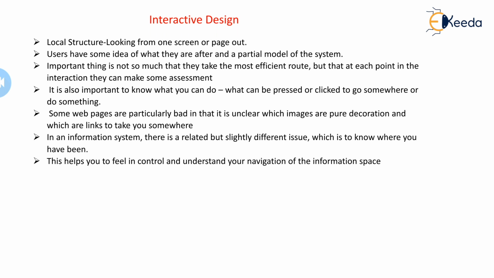These things in an information system are related but a slightly different issue, which is knowing where you have been. Sometimes a link is broken, and sometimes you don't know what to do. This helps your navigation, like where you have been. Again, you move back; they give us options like go back and so on. So this helps you feel in control and understand your navigation within the information space.